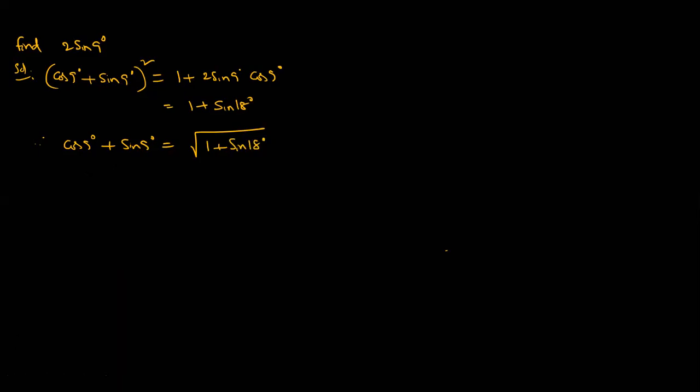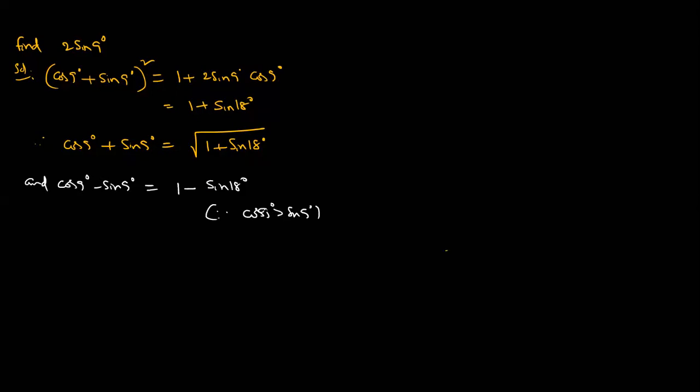Any doubts? A square plus b square is how much here? 1. Identity. Sine square 9 degrees plus cos square 9 degrees is 1. See carefully. Now, similarly, some students may be confusing here. What is the answer? 1 minus sine 18 degrees, because you should understand cos 9 degrees is greater than sine 9 degrees.